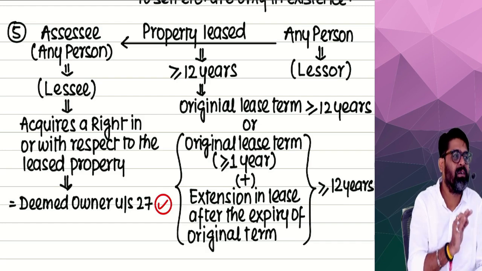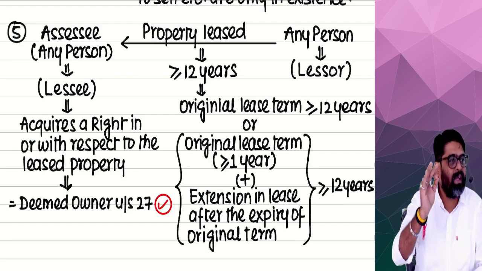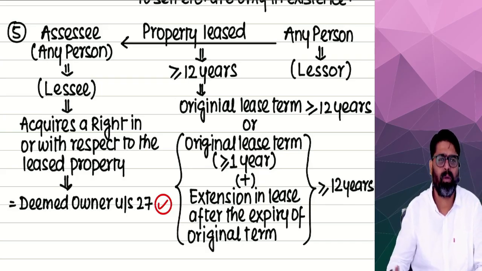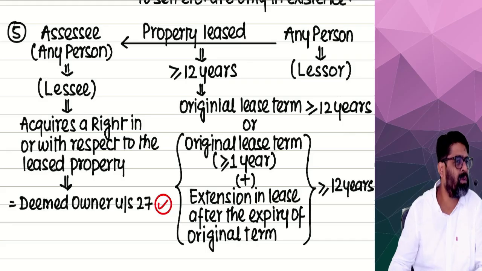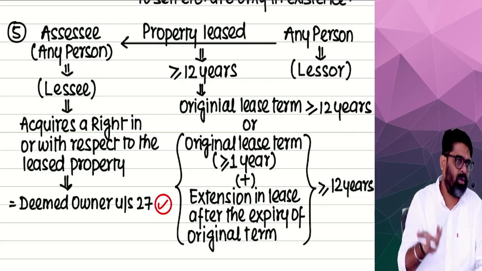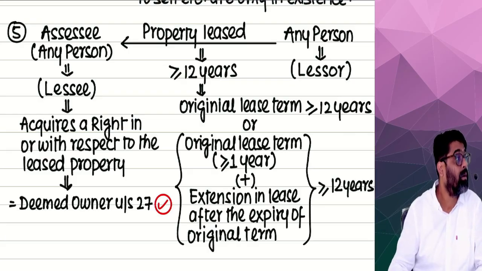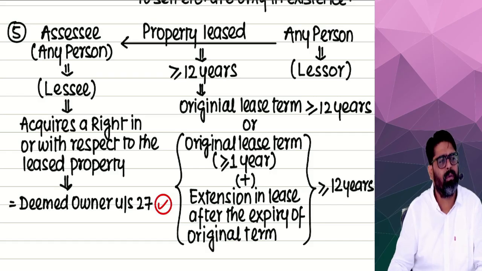But give me the right for the next 20 years. I said, no problem. Anyways, I'm not going to use that property for the next 20 years. And if I'm getting 5 crore rupees right now, and on a regular basis I'm going to get rent also, why not give this right to the lessee?